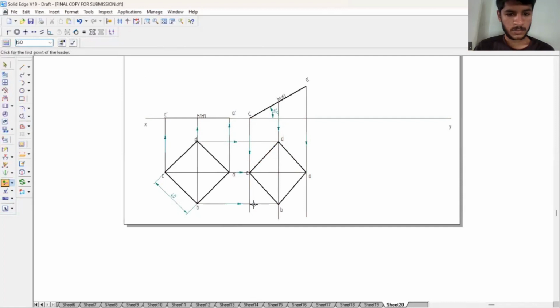And now let's trim the unwanted extra lines here. Yeah, it's good to look at now.